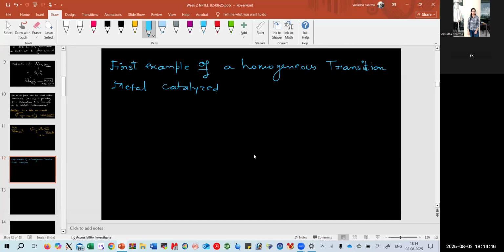Okay, so we were talking about a first example of homogeneous transition metal catalyzed enantioselective cyclopropanation.